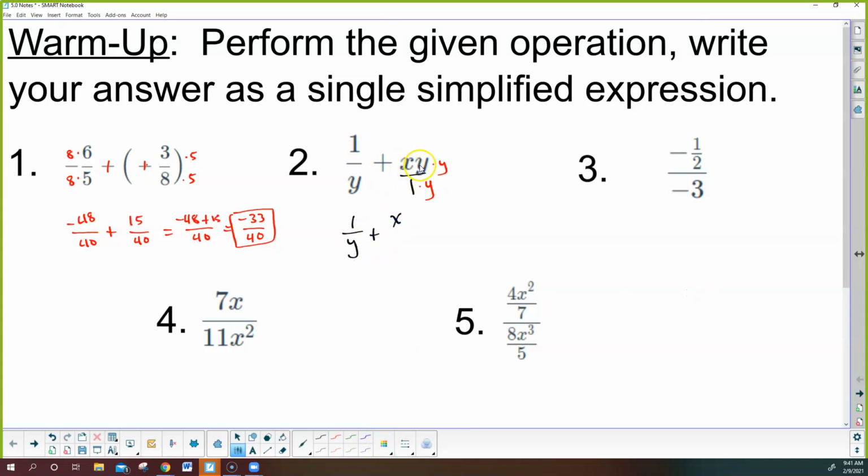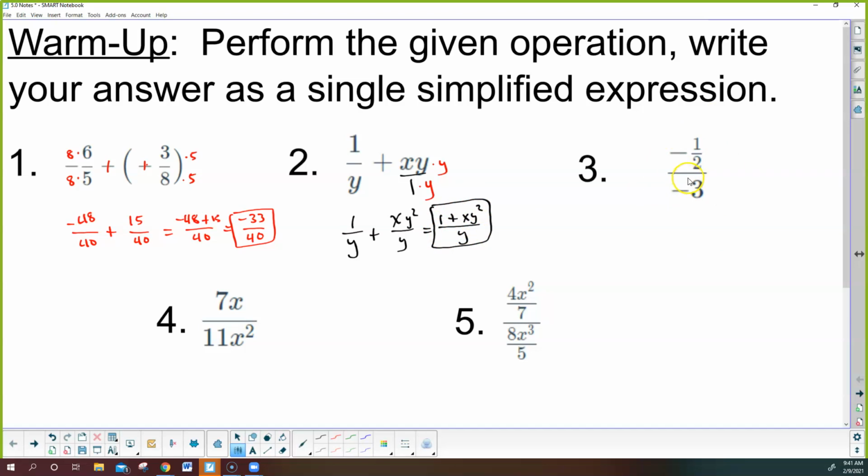But I've got x times y times y. Well, that turns into x times y squared over y. And now I can go ahead and add, just like I did here, 1 plus x times y squared all over y. And that's as far as we can really simplify this. Okay? But we just turned it into a single simplified expression. This is just one fraction now.